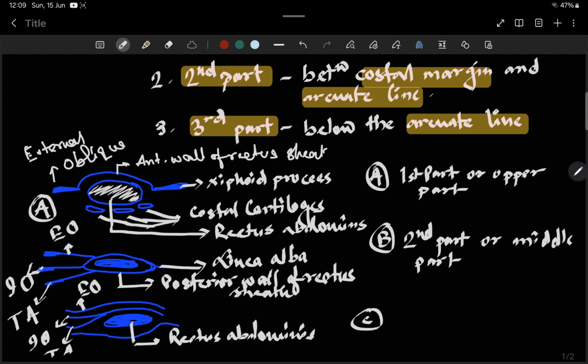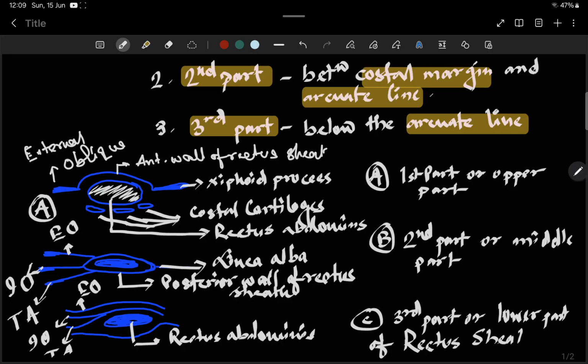So this is the third part or lower part of rectus sheath.